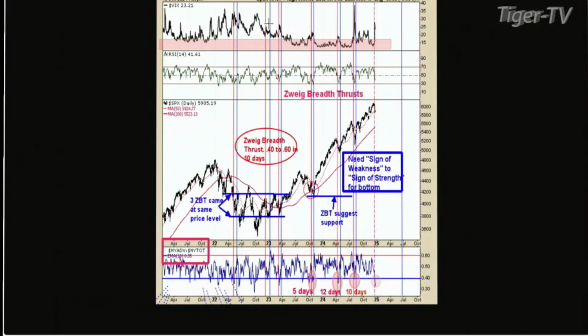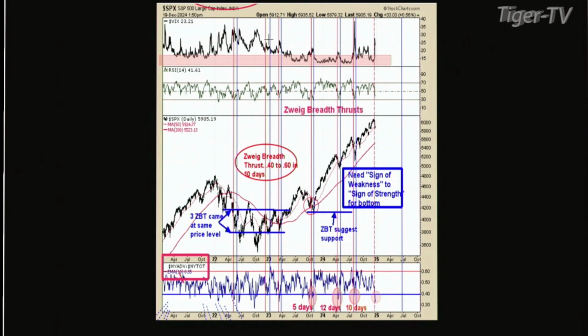So this is where the rubber meets the road, and it's something that needs to line up. If it doesn't, that'll tell you what 2025 will look like. The bottom is the Zweig breadth thrust indicator, ZBT for short.